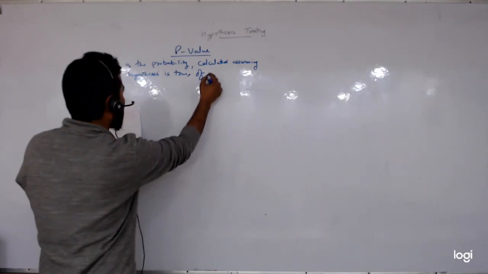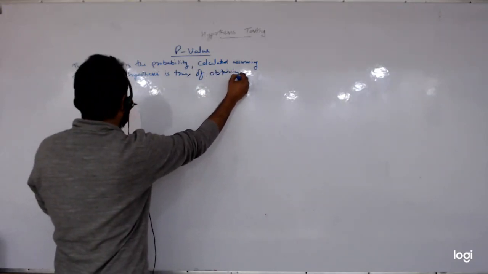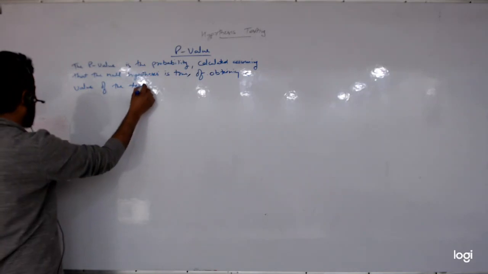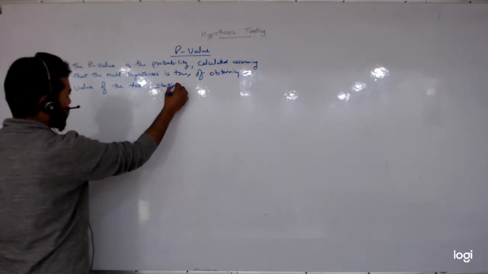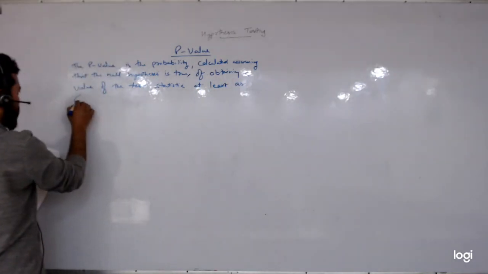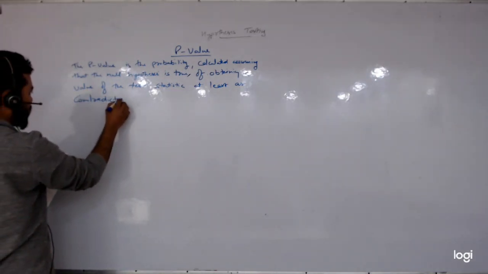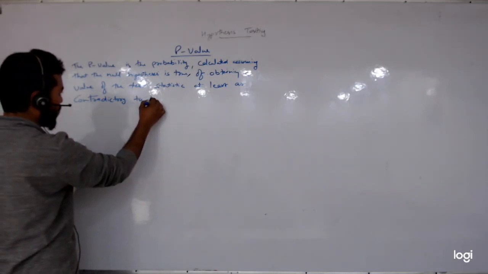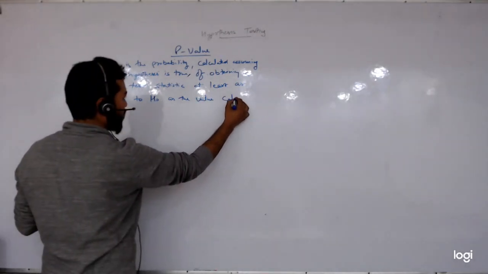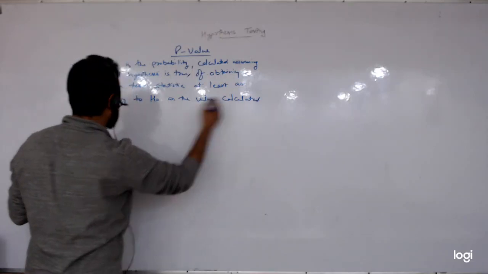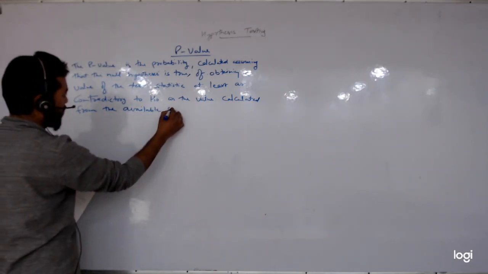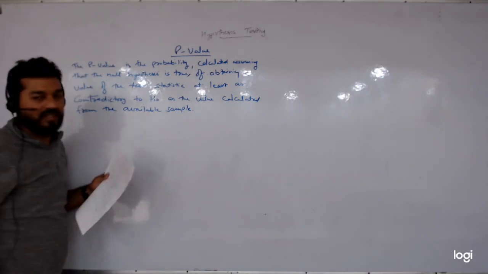We're calculating the probability of obtaining a value of the test statistic at least as contradictory to H naught as the value calculated from the available sample. Okay, looks like complicated hocus pocus.